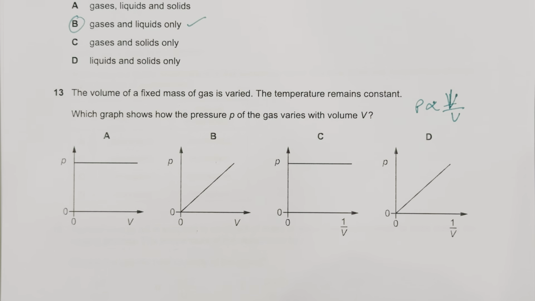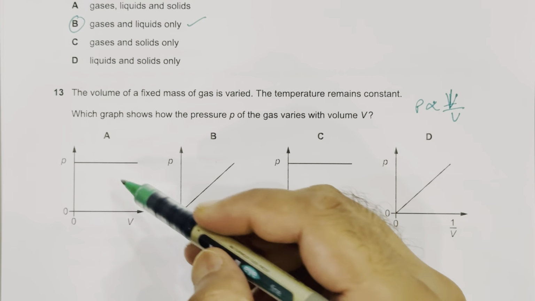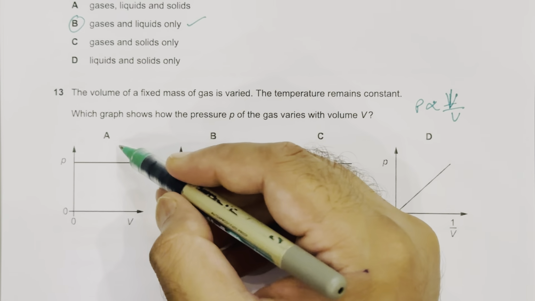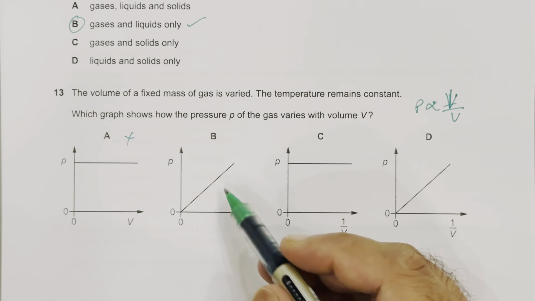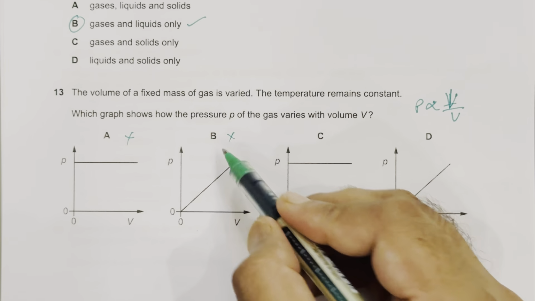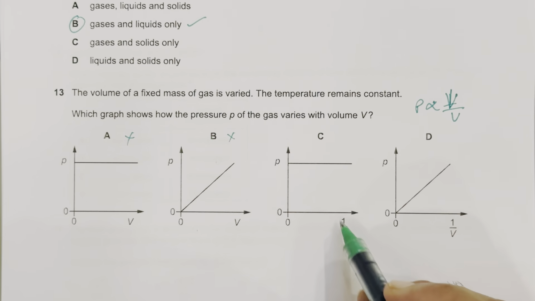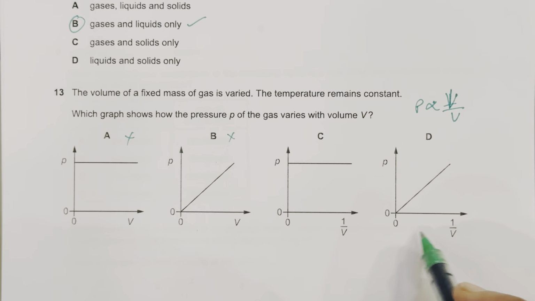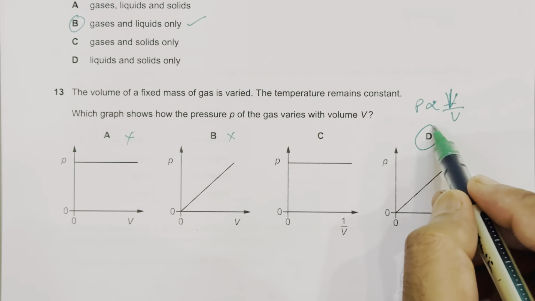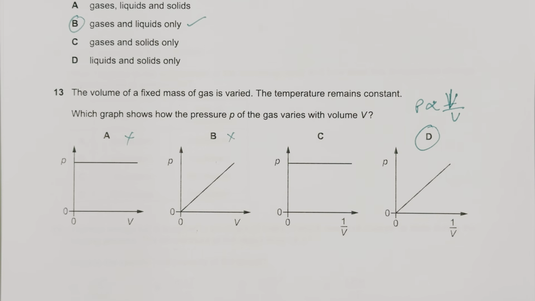When we increase the pressure, this is Boyle's law, the volume decreases. This means pressure doesn't change, so this is wrong. This means that pressure and volume are directly proportional. This is also wrong. When we plot the graph between pressure and 1 over V, it should be a straight line. So option number D is the right option.